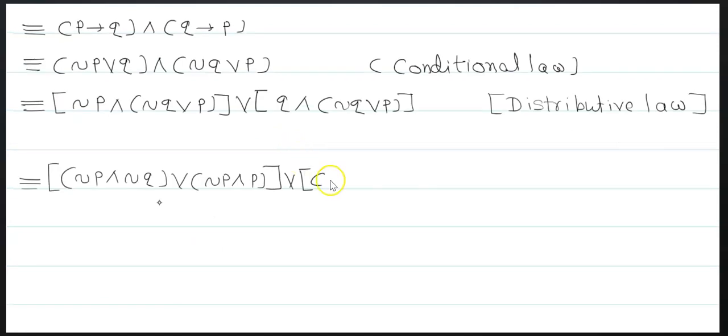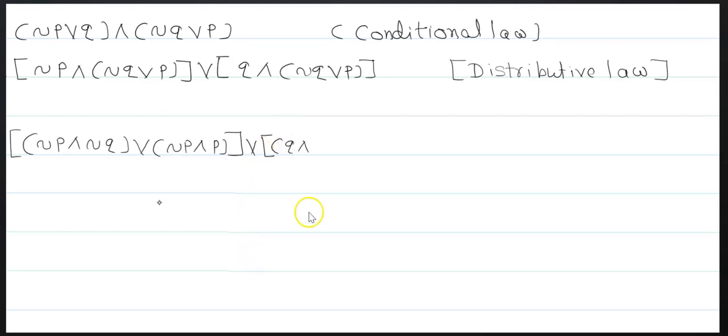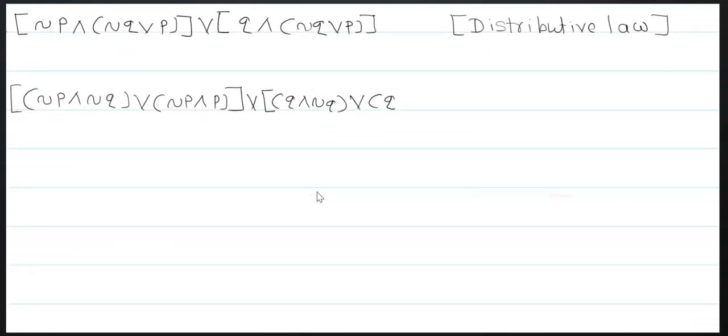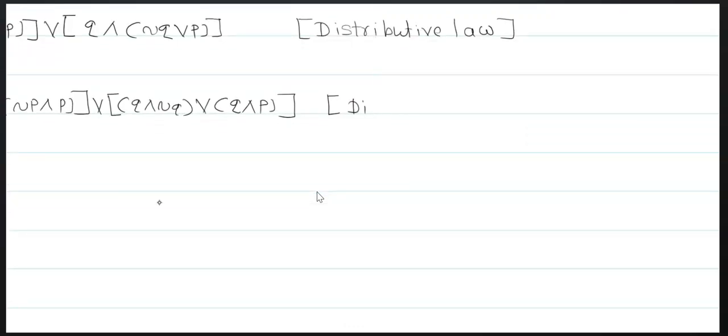Now this and is again distributed over the or, that is the Q and negation Q or Q and P. This is the distributive law.